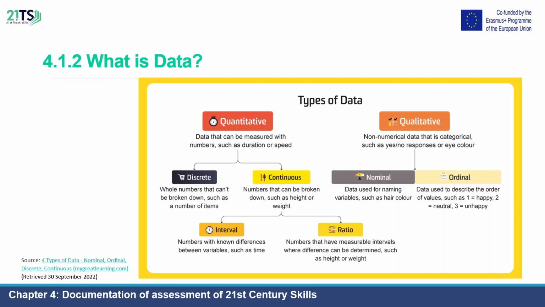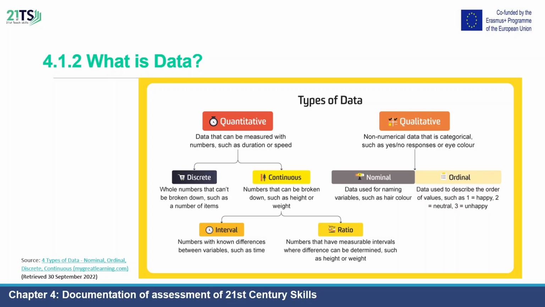So you just learned that the two different types of data are quantitative and qualitative. Quantitative data refers to data that can be measured with numbers, such as duration or speed, and this can be classified into discrete and continuous data.